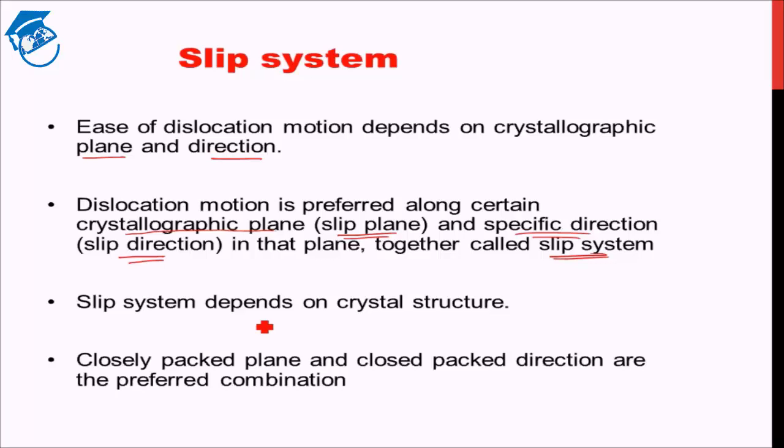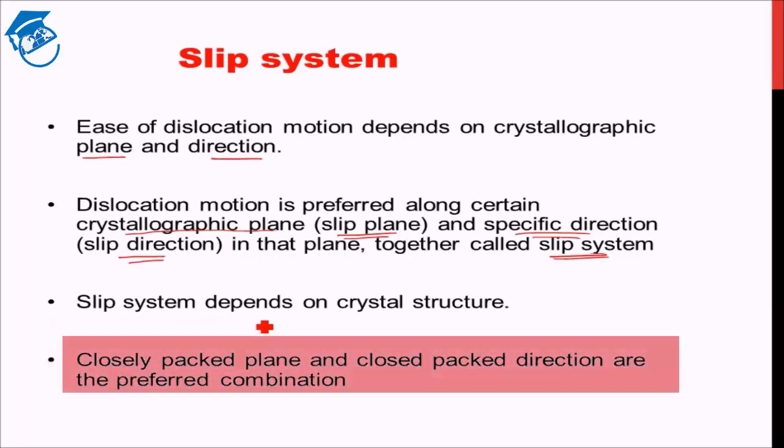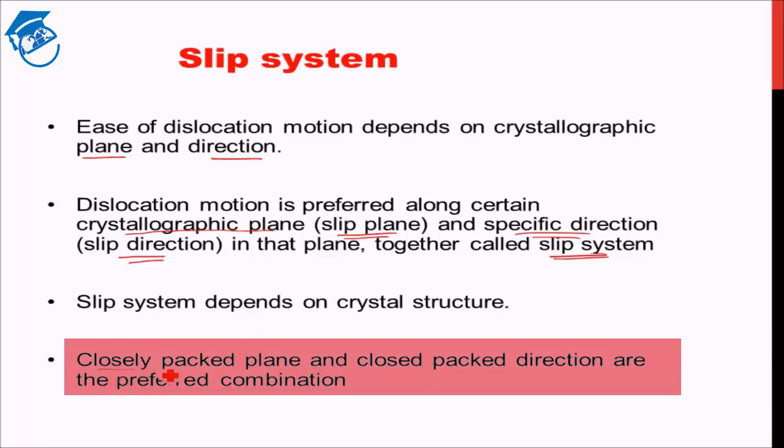How do we require less energy? Less energy is required for closely packed planes. If the planes are very closely packed, or the gap between atoms is negligible, that is the atoms are almost touching each other, then it is easier for the atoms to move past one another. So close packed planes are the preferred planes.